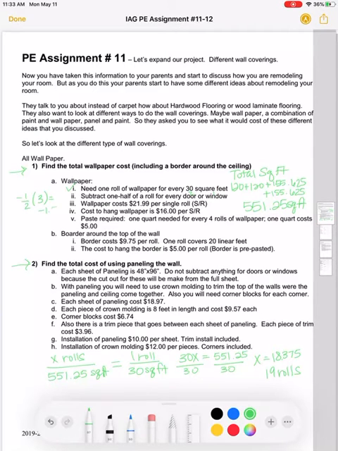So that's minus 1.5. So 19 rolls minus 1.5 gives me 17.5 rolls. Again, you cannot purchase a fraction of a roll, so I will have to buy 18 rolls for my room.